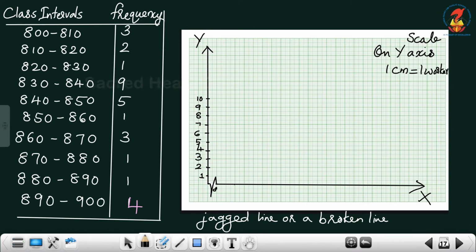So I will write like this: 800, then 810, 820, 830, 840, 850, 860, 870, 880, 890 and 900.